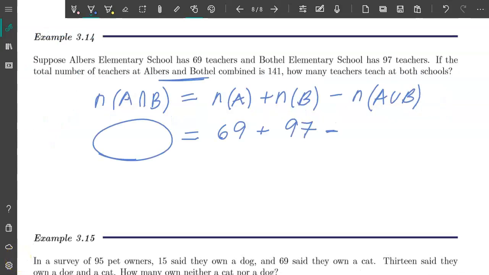Okay, so I've started with the formula. This is property 3. Finding the intersection here would be equal to the number in A plus the number in B minus the union. So this question is a little tricky because it says, so we have the 69 teachers. That's pretty easy to plop in there.